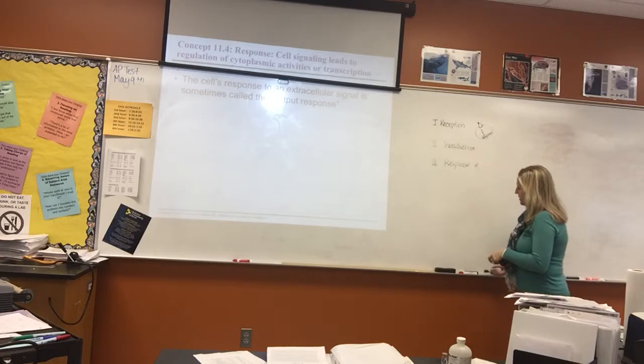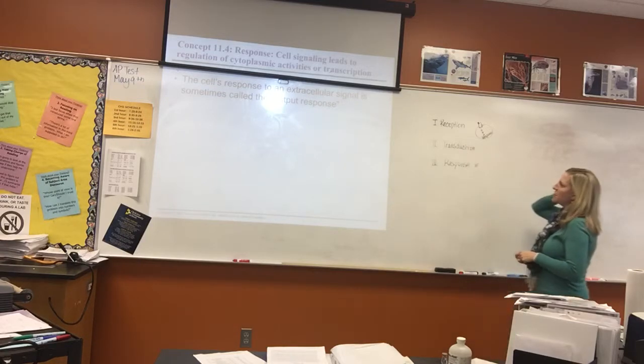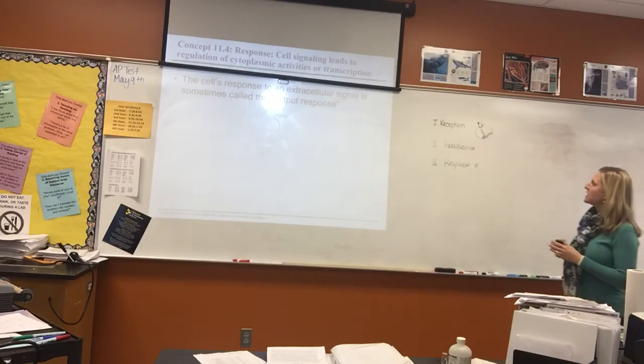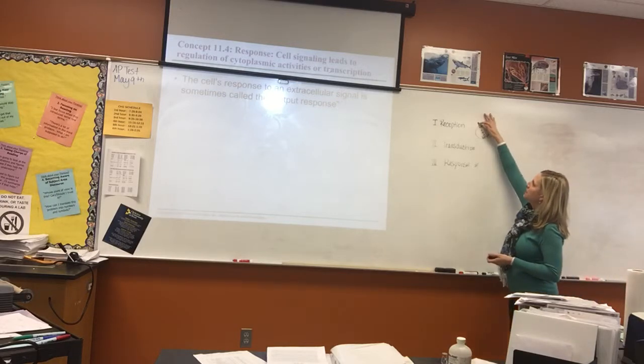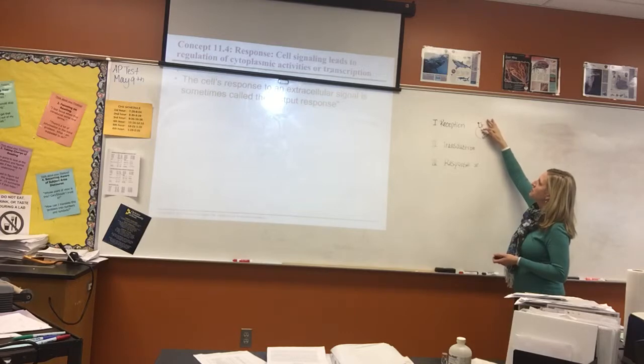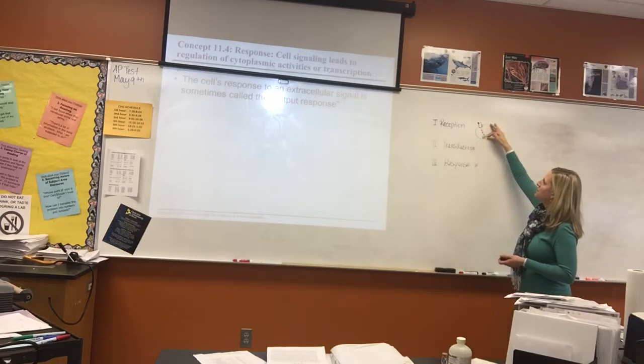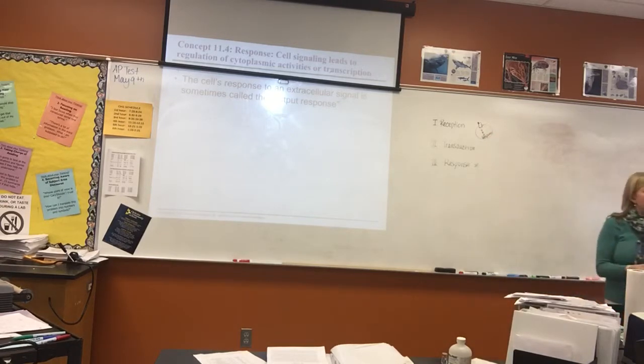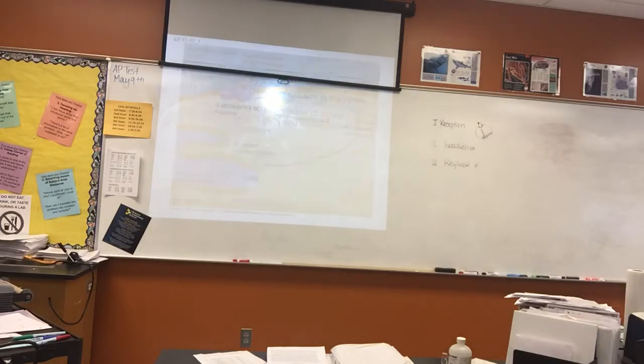Just a quick little thing about the transduction. We talked about how transduction can occur with one molecule binding, and then we have a signal transduction pathway and you get a response. But we also talked about, as part of this pathway, that you can initiate what's called a second messenger. I just want to spend a minute and review that real quick.